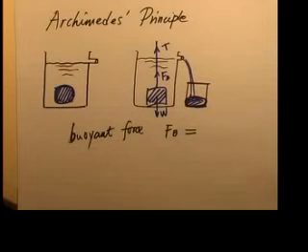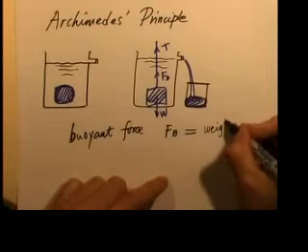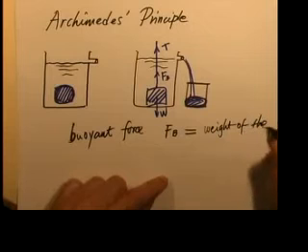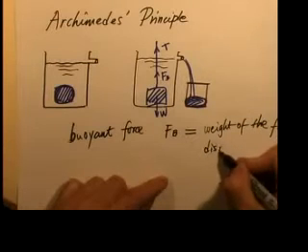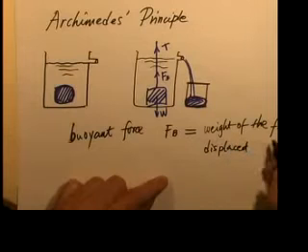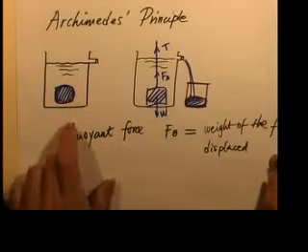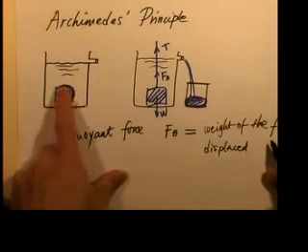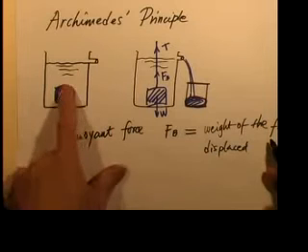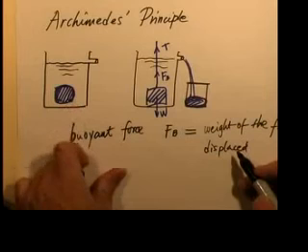Basically what it says is that the buoyant force equals the weight of the fluid displaced. Here in this case, the entire block is submerged in water. It therefore displaces a volume equal to itself, and the weight of this much water, not the object itself, equals the buoyant force.